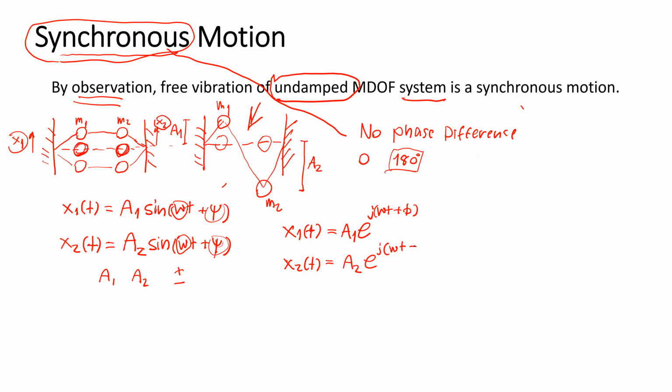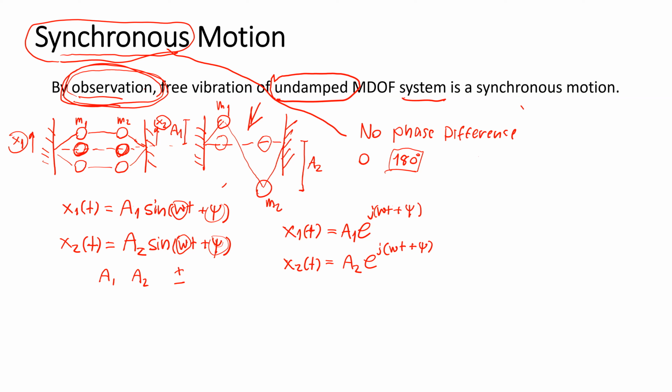The symbol for the phase is the same. Yes, this is also true. So how is this idea important? This comes from observation.